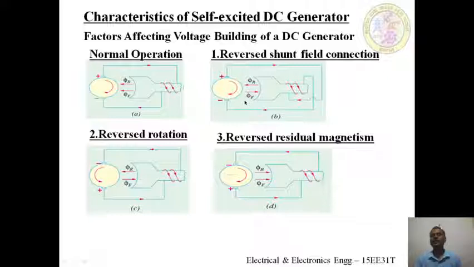So here, due to the reversed shunt field connection, the field flux is reversed with respect to the residual flux, and Phi F opposes the residual flux Phi R. Here, instead of building up, the generator builds down from the initial residual induced EMF.